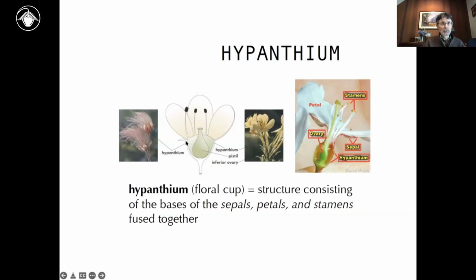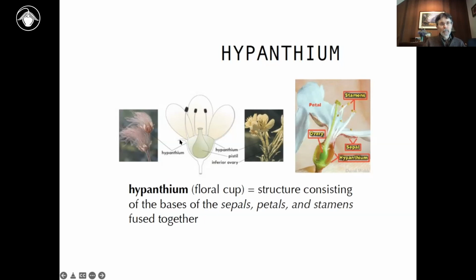And this cup collects nectar, and in plants with these hypanthia, the sepals and petals and stamens diverge from the tip of this cup, and it can look like they arise from the edge of the cup, but in actuality, they arise from the base of the flower. It's just this portion from the base of the flower up to the rim of the hypanthium or floral cup. Those 3 sets of parts are fused together.